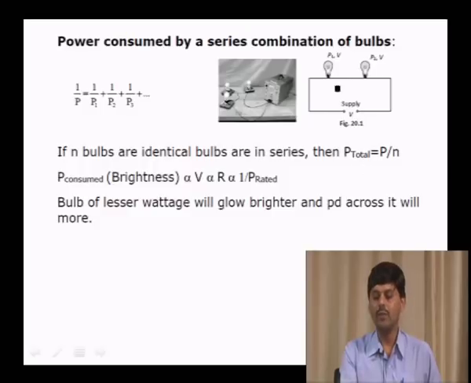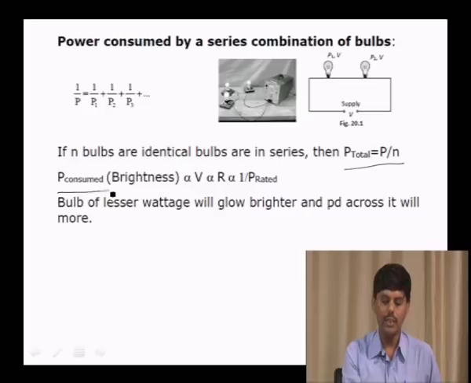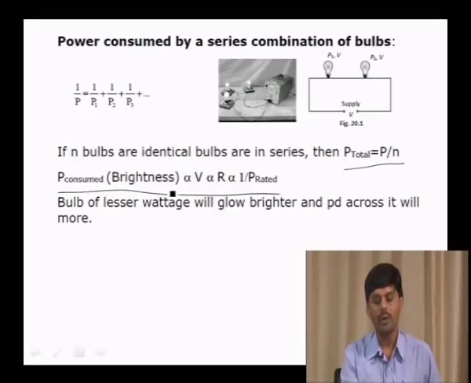If the powers are identical, say 40 watt and 40 watt, then the total power is equal to P divided by N. For a series combination, the bulb that glows brighter consumes power directly proportional to the voltage, directly proportional to the resistance, and inversely proportional to the P rated. P rated means whatever rating is written on the bulb.